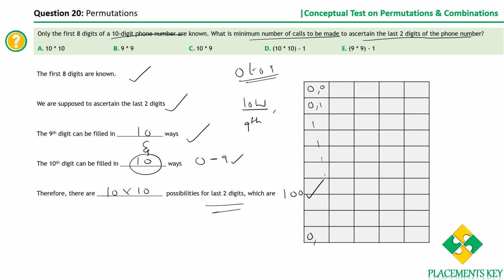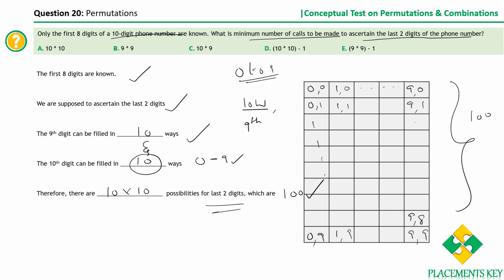It can be 0, 9. Similarly, 1, 0, 1, 1, so on, 1, 9. It repeats: 2, 0, so on. Finally we have 9 comma 0, 9 comma 1, so on, 9 comma 9. Before that we have 9 comma 8. So these are the 100 possibilities that we have.